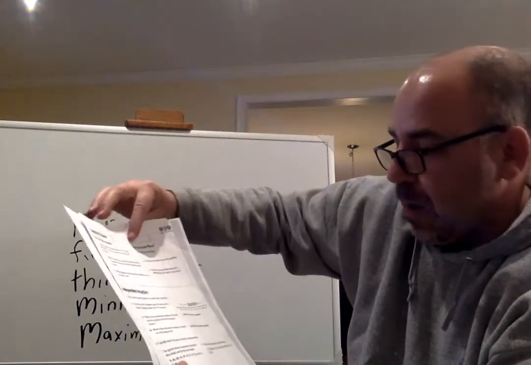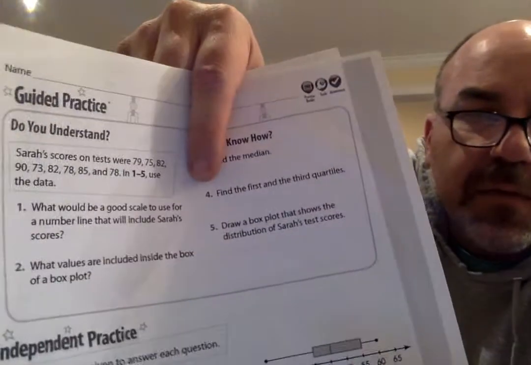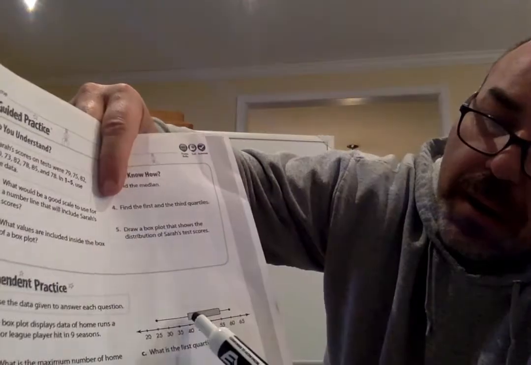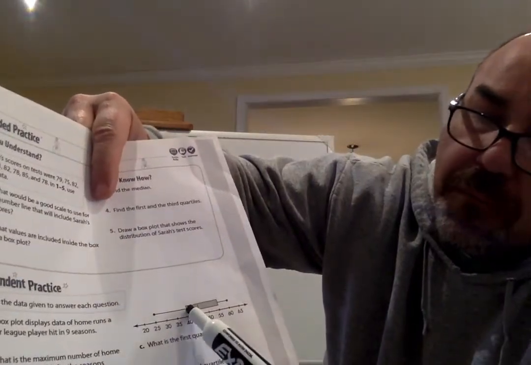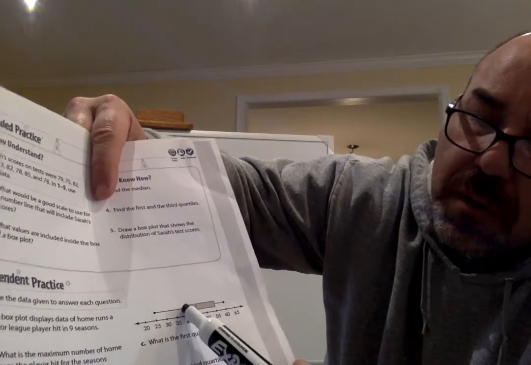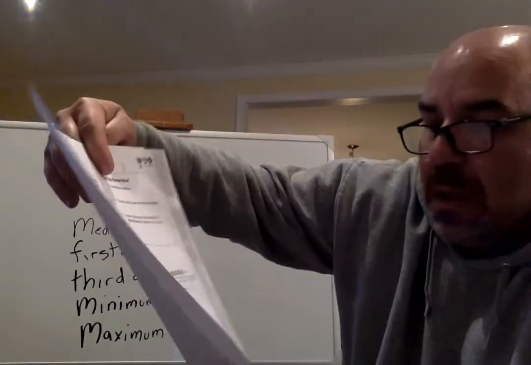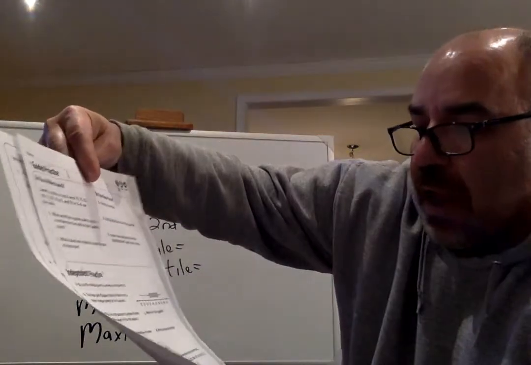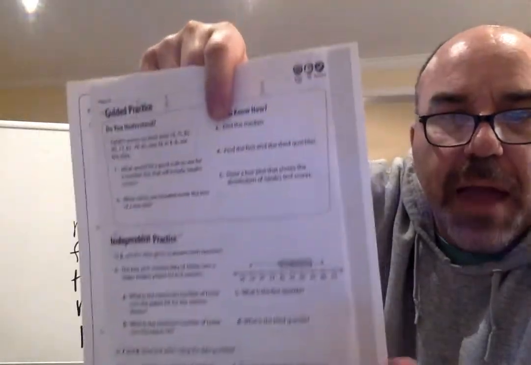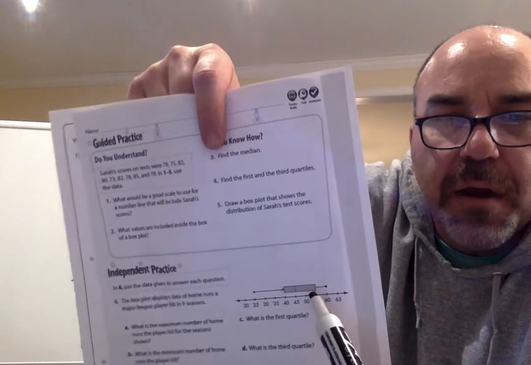Now, what is the first quartile? This is the first quartile right here, the front end of our box. So the first quartile is 40. And then what is the third quartile? The third quartile is the other edge of the box, over here.